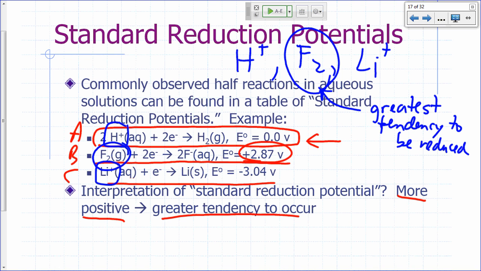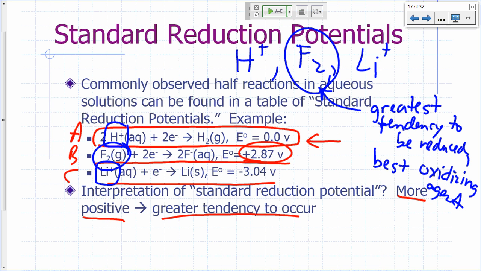We can relate that to the electronegativity. Fluorine likes to accept electrons, right? It's the most electronegative. Gaining of electrons is reduction. We can also say that it is the best oxidizing agent. If you get reduced, you're causing something else to get oxidized.